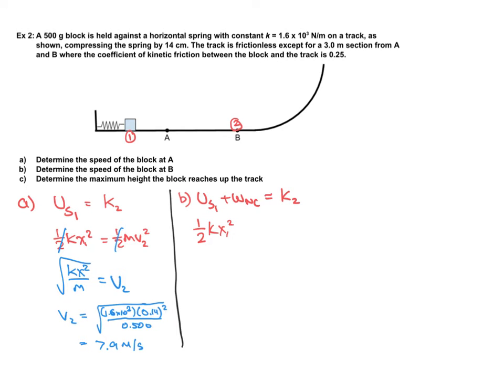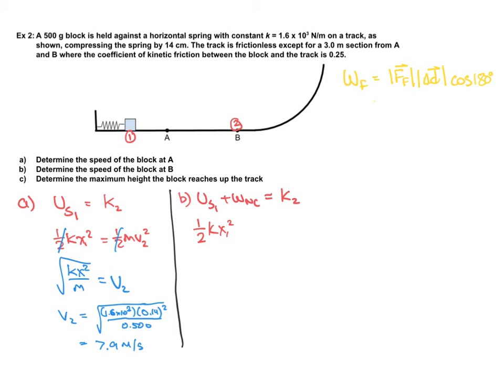And now the work done by friction, I'm going to do it off to the side just to show you the steps. So the work done by friction will be the force of friction times the displacement from A to B times cosine of theta. Theta for friction is 180 degrees because it's pointing in the exact opposite direction of the displacement.